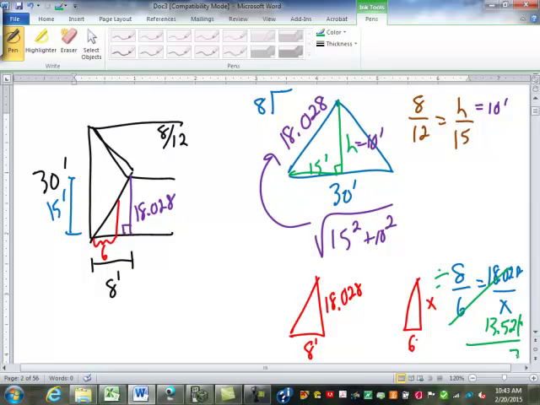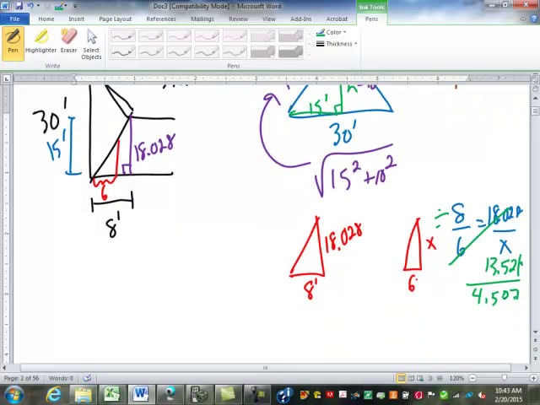So we subtract there, we get 4.507, look right? It don't matter. We're off by a thousandth. That's okay. So anyway, 4.507 or 4.508, either one of those will be fine there.